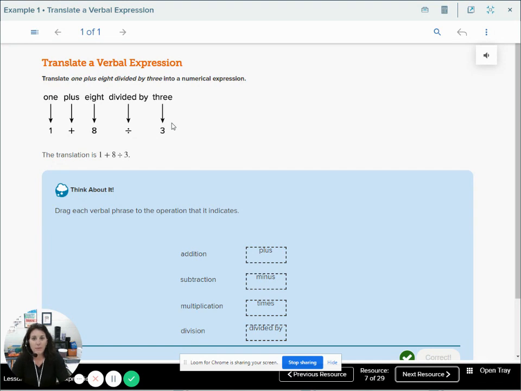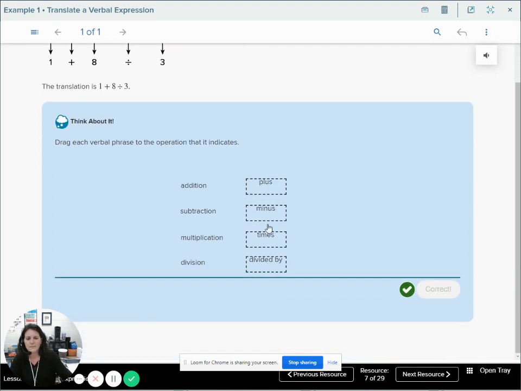Think about your order of operations. Please Excuse My Dear Aunt Sally: parentheses, exponents, multiply or divide, whichever comes first, and then add or subtract, whichever comes first. So what would I do first if I was solving this problem? Of course, we would do the division first, then we would add that 1.